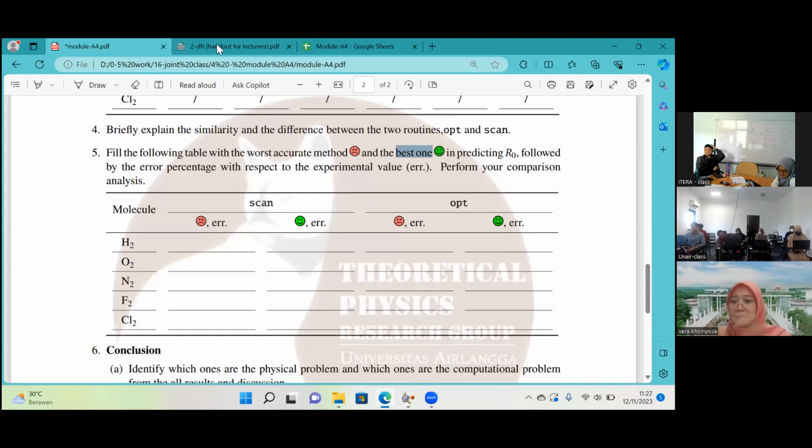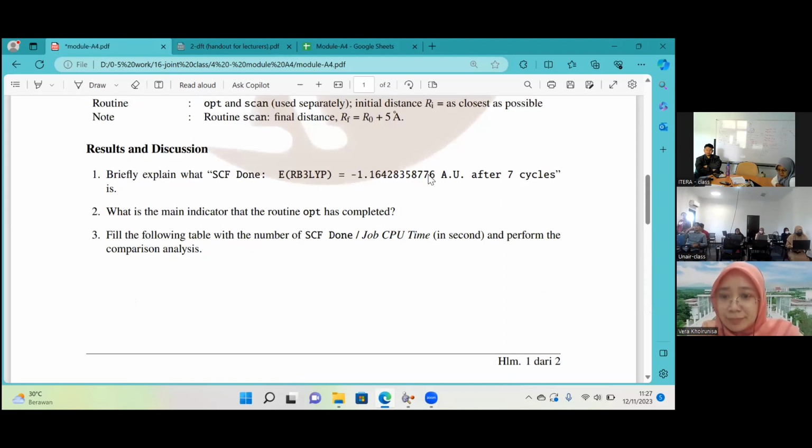Permisi, Dokter. I have question about SCF done in question 3. Okay. Let's see the question. Pertanyaan 3. Saya terkait yang SCF done itu untuk yang dituliskan itu apakah jumlah iterasi atau harus nilai yang min 1,164 itu? Okay.